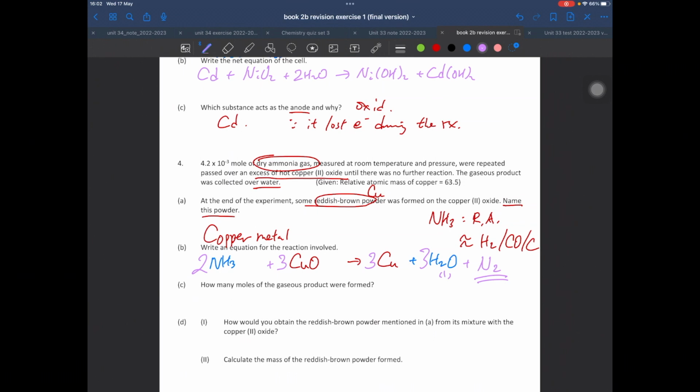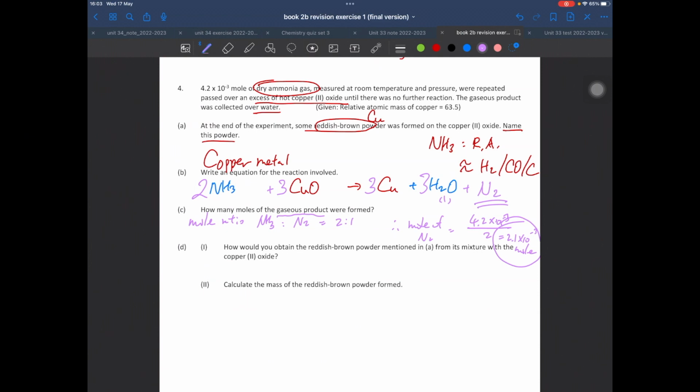So back to room temperature, the water exists as liquid, so not included in the gaseous product. And the mole ratio between the ammonia and N2 is 2 to 1. And so the mole of gaseous product is easy. Yes, it's this one.